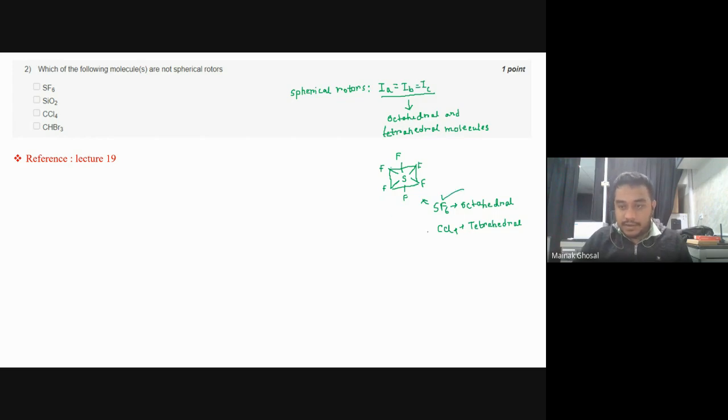Next, I am going with your example CCl4. Is this the right structure for CCl4?